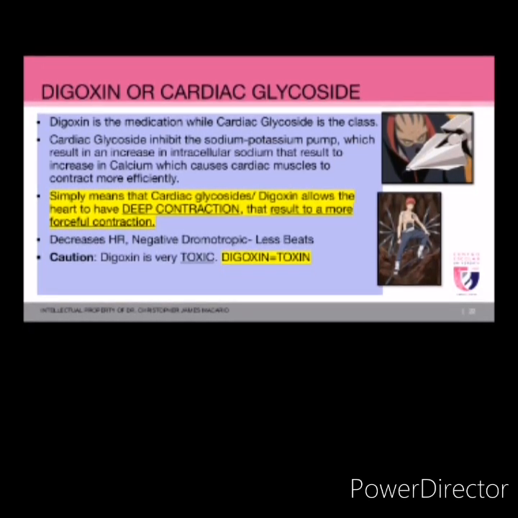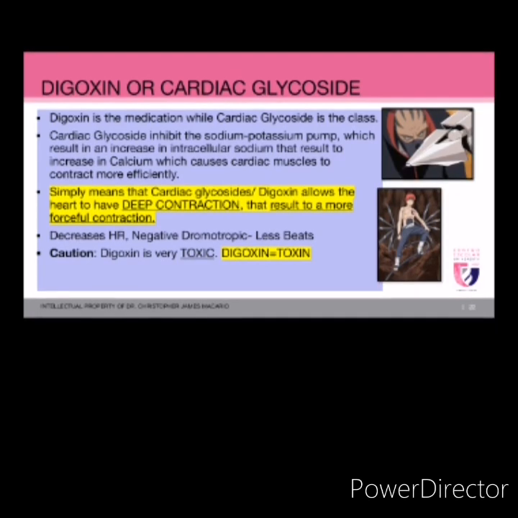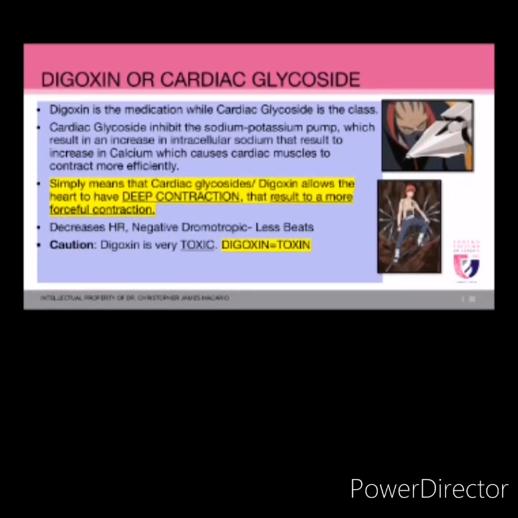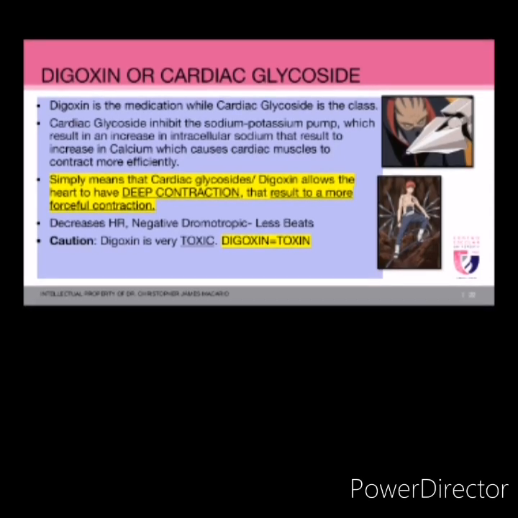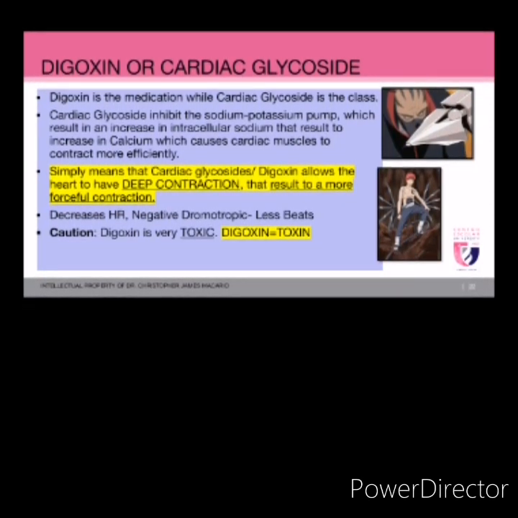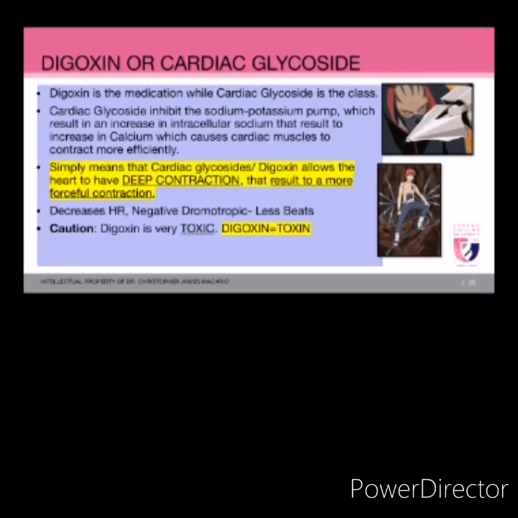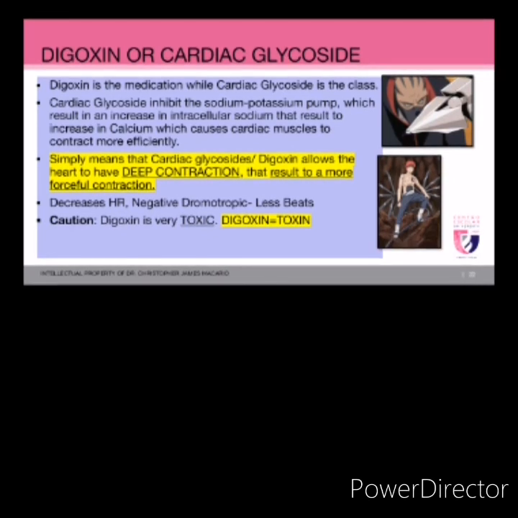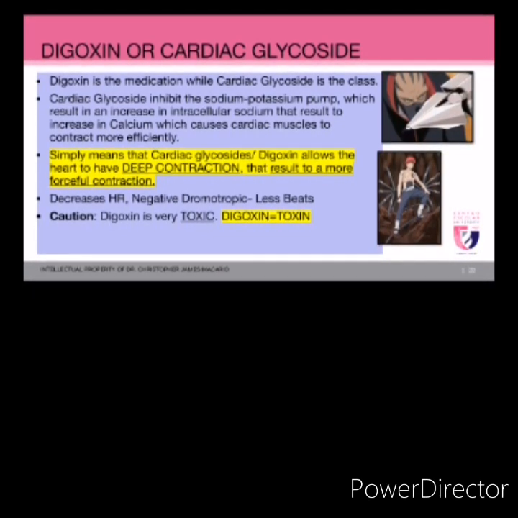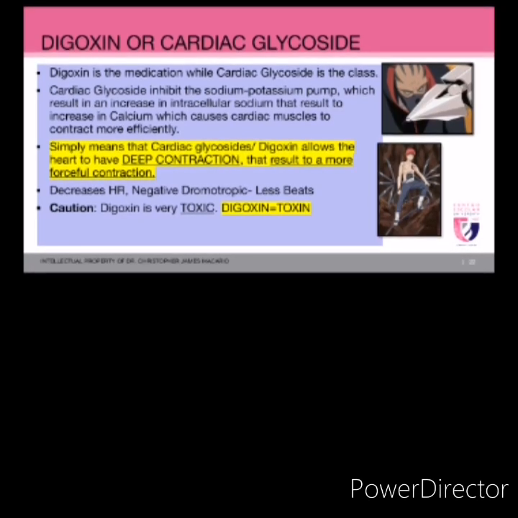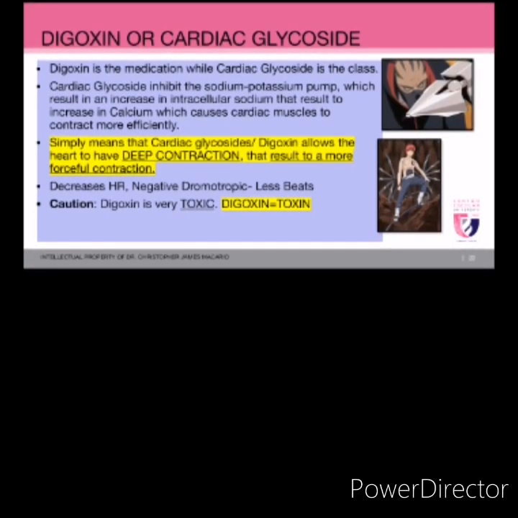Kasi nga, the better the cardiac output, mas na-oxygenate yung katawan natin. Meaning, mas maganda yung circulation ng blood all over the body. And that's what digoxin does to the body, to the heart. It decreases your heart rate or negative dromotropic, meaning less beats.